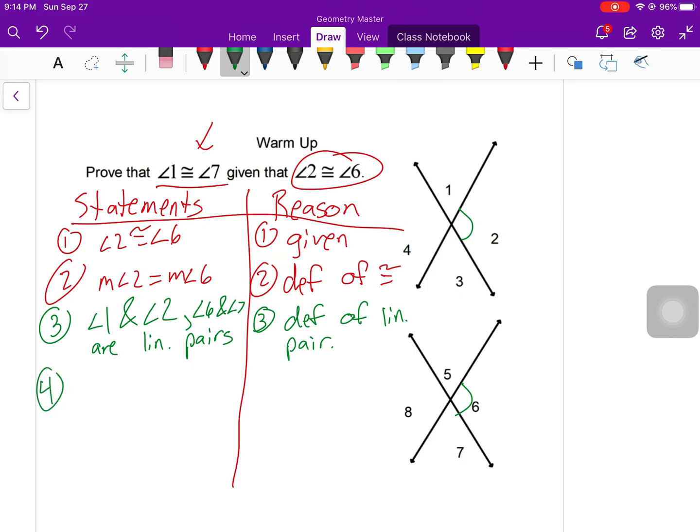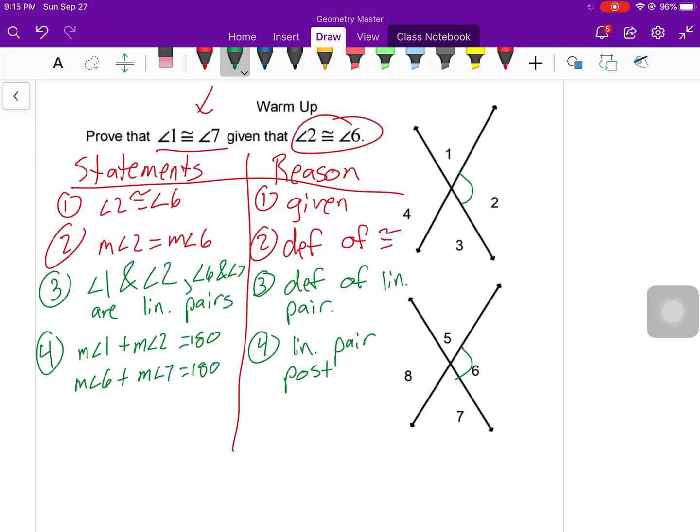Because now in step 4 I can say the measurement of angle 1 plus the measurement of angle 2 equals 180, and the measurement of angle 6 plus the measurement of angle 7 equals 180. And that's my linear pair postulate. The definition says these things are a linear pair. The postulate says that the linear pairs add up to 180 degrees.